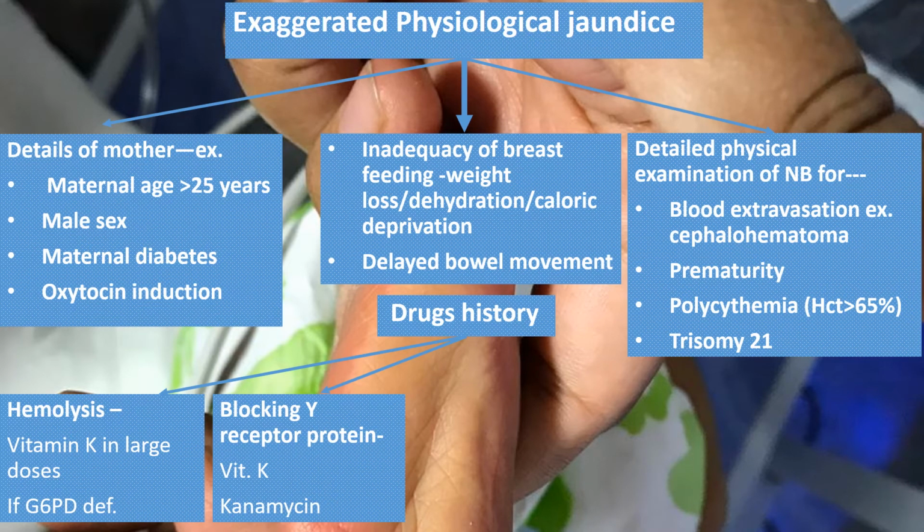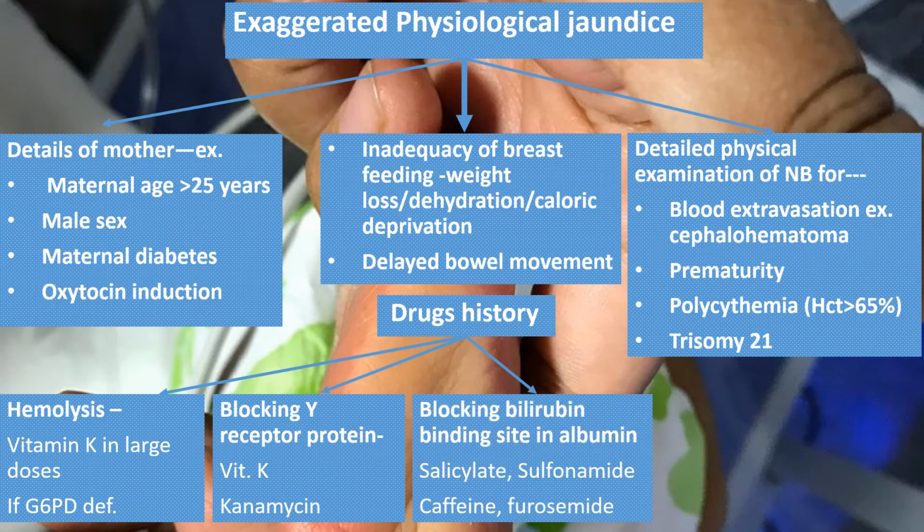This is the ligandin protein by which the bilirubin is transported to the liver and then converted from unconjugated to conjugated. So this protein is very important for the unconjugated bilirubin to enter into the liver. Vitamin K and kanamycin are a few drugs which can block the Y receptor protein.